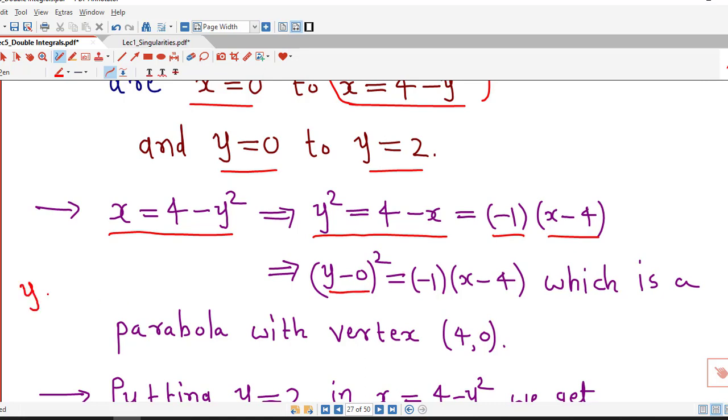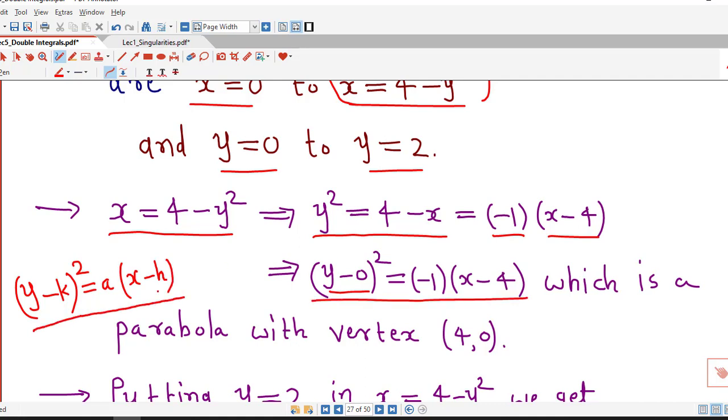So we can compare with the standard form of the parabola, y minus k whole square equal to a times x minus h. If we compare, we can see the value of h is 4 and the value of k is 0. So the vertex is the ordered pair (4, 0). And the value of a is minus 1, which is negative. So the shape of the parabola will be in this form because a is negative and the vertex is (4, 0).